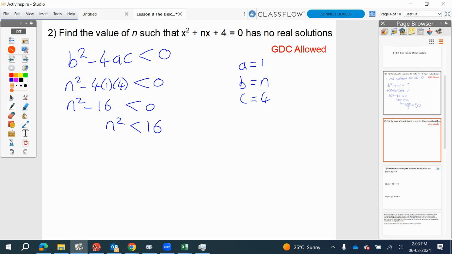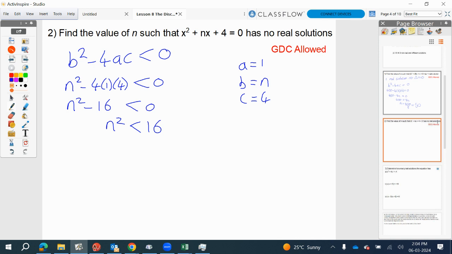So this inequality is tricky to solve. Remember when we're solving inequalities, we can add and subtract on either side, no problem. What happens if we multiply and divide by a negative? The inequality swaps direction, doesn't it? Now on an inequality, when you square root both sides, other stuff happens.